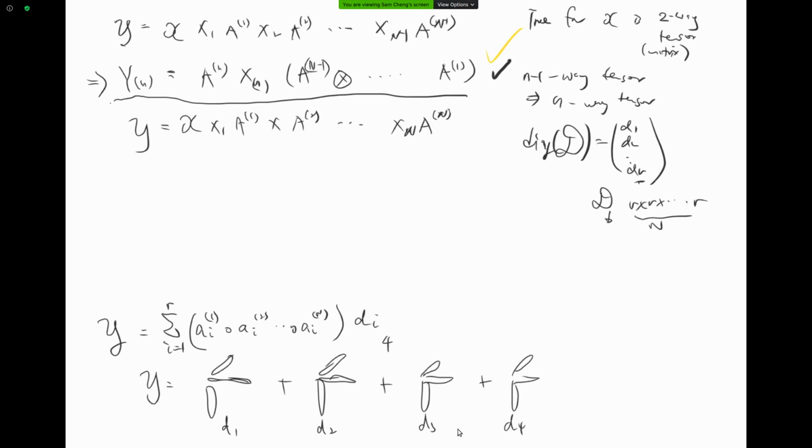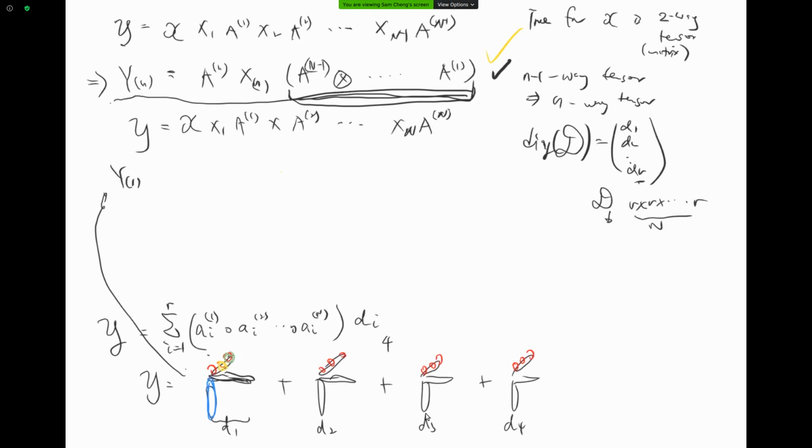Along this way, the third dimension only has 3 elements, so maybe I can make it different colors. If we want to do this matricization of Y, just as an illustration, I assume mode 1 matricization.